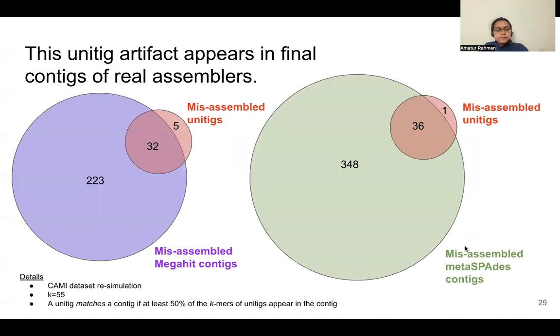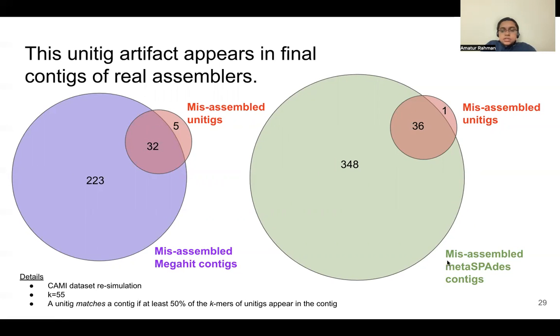Now we want to see if these 37 misassembled unitigs actually appear in the final contig output of real assemblers. Because the assemblers do not only stop at the unitig stage, they use some more algorithms to end up with the contigs. So are these artifacts present in those contigs? We see yes, they do.